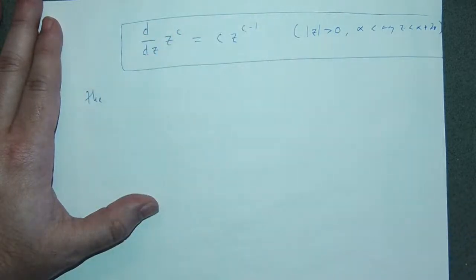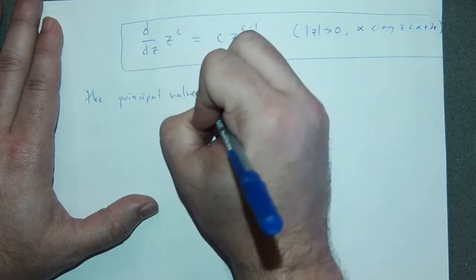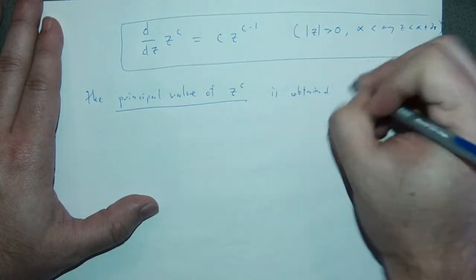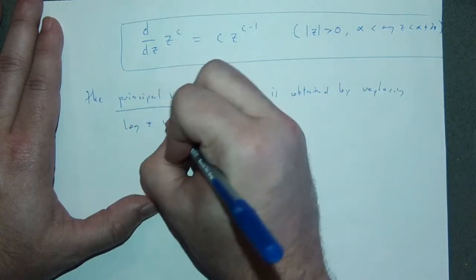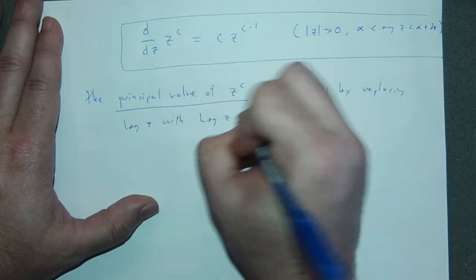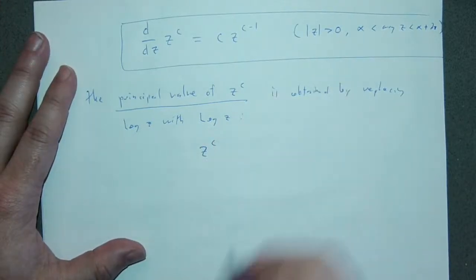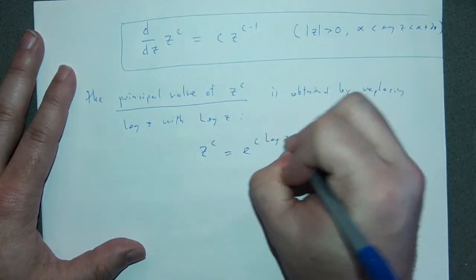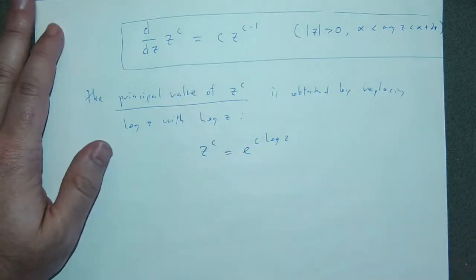Okay. So similar to before, the principal value of z to the c is obtained by replacing log z with the principal log. Okay. So principal value of z to the c is equal to e to the c capital log z. Right. And we can actually compute the derivative of this on the principal branch.